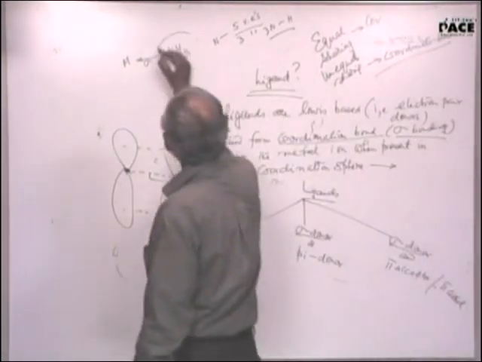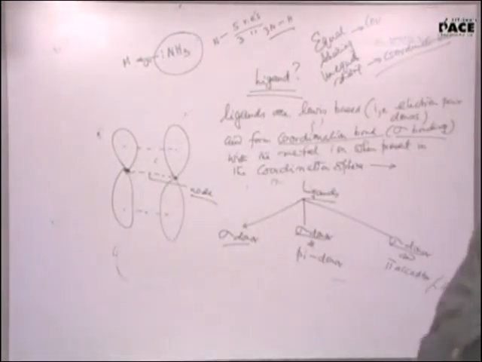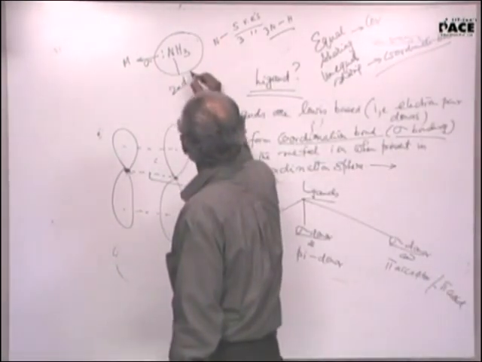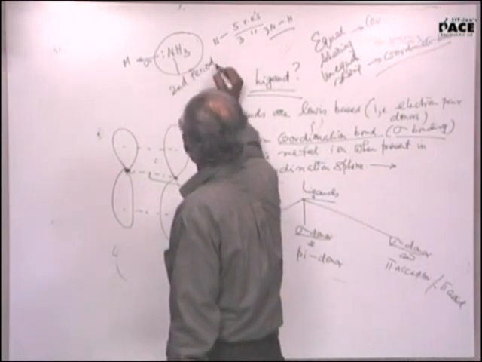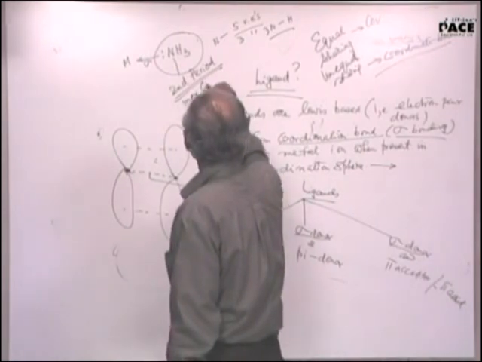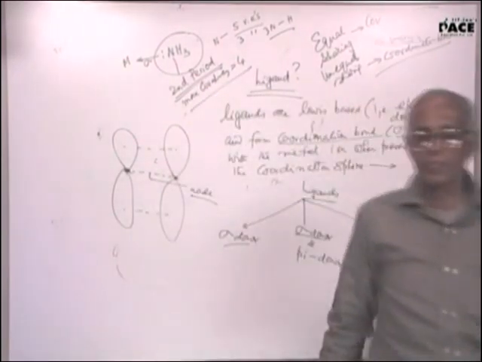So ammonia is a sigma donor ligand. Ammonia does not have any other lone pair available to act as a pi donor. It does not have any orbitals to accept the electron from the metal, because nitrogen is a second period element, and in the second period, the maximum covalency is 4.